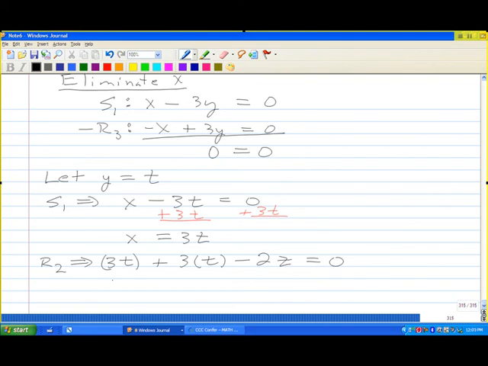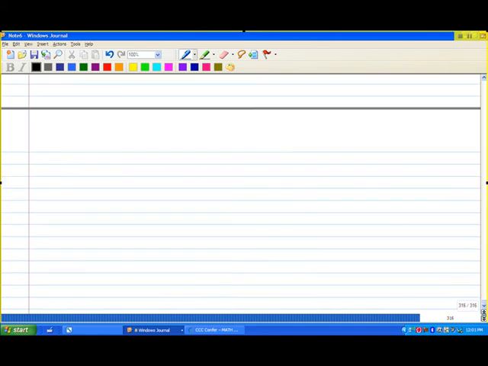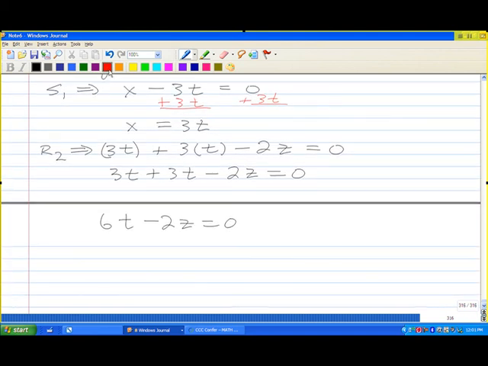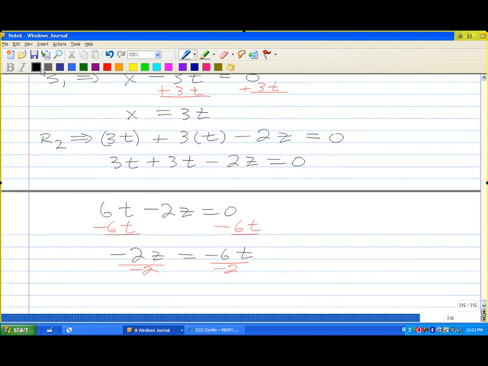And so I get 3t plus 3t minus 2z is 0. So I get 6t minus 2z is 0. Let me subtract 6t from both sides of my equation. So negative 2z equals negative 6t. Divide by negative 2. So z equals 3t.